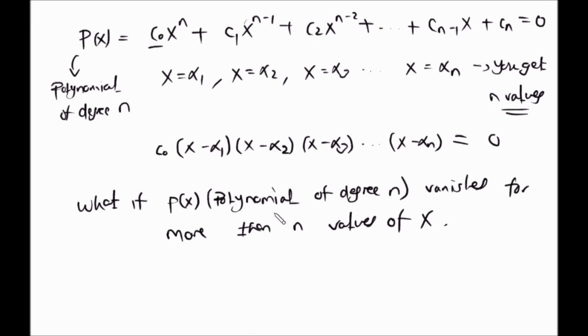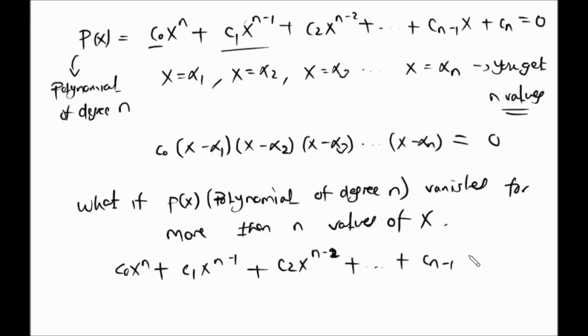What if that happens? So tuseme sasa nilivyosolve huyu this time around, nilivyosolve huyu c0 x power n jumlisha c1 x power n minus 1 jumlisha c2 x power n minus 2 na kuendelea mpaka cn minus 1 x jumlisha cn sasa na 0.